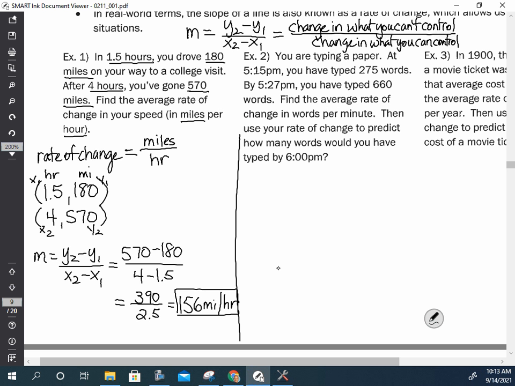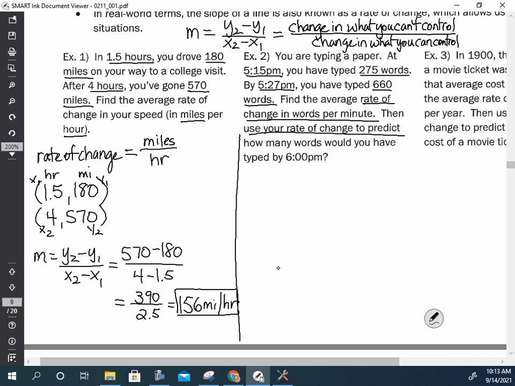All right, now example 2 is a little different because it's going to ask you for 2 different things. You are typing a paper at 5:15. You have typed 275 words. By 5:27, you have typed 660 words. Find the average rate of change in words per minute.